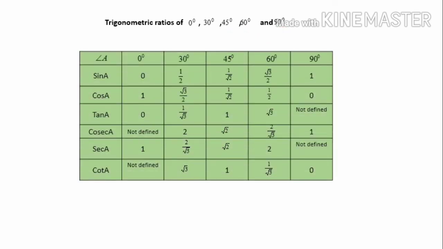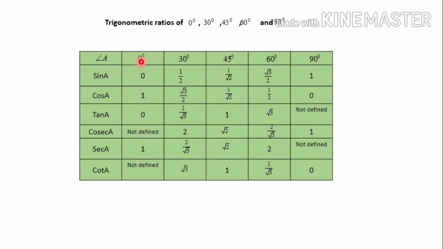Next we shall bring the trigonometric ratios of 0, 30, 45, 60 and 90 degrees under one frame. There is a table given to you. In the first row the angle is mentioned, that is 0, 30, 45, 60 and 90. And in the first column, the trigonometric ratios are mentioned, that is sine A, cos A, tan A, cosec A, sec A and cot A. How to read this table? Let's read it.